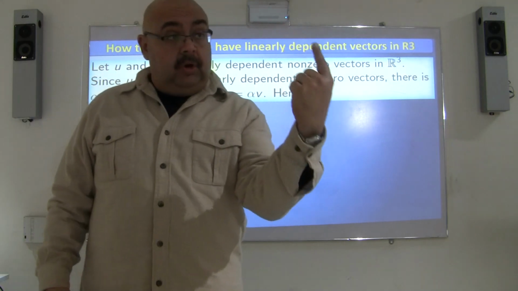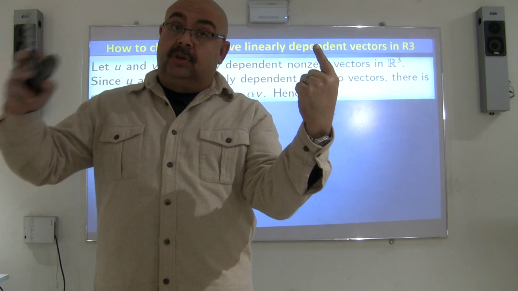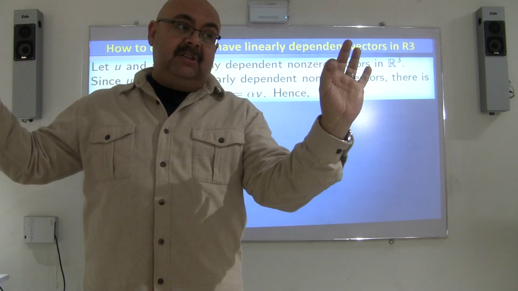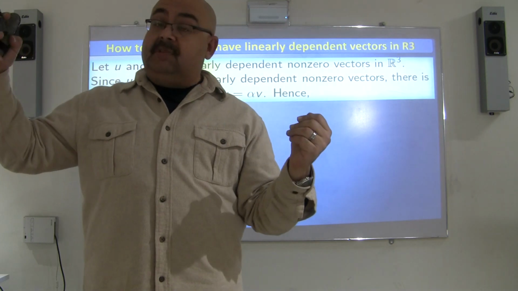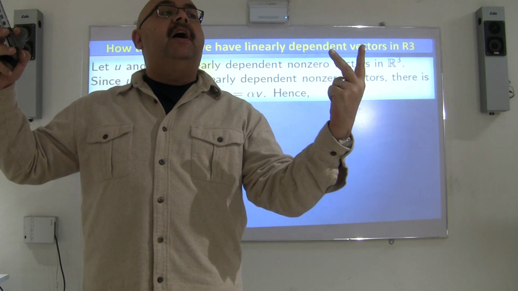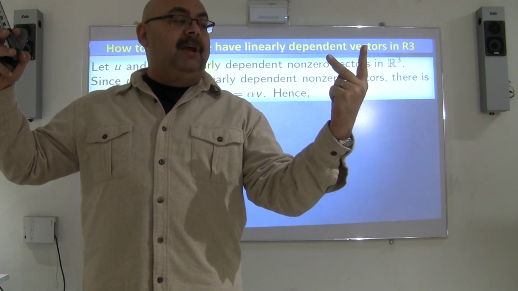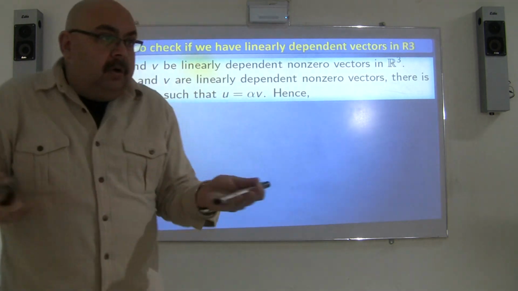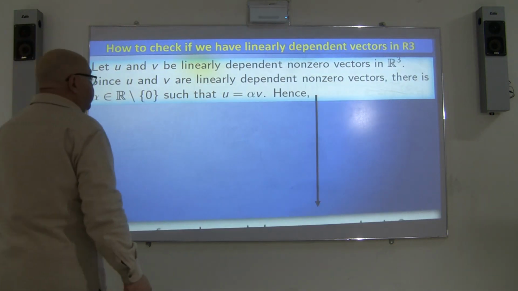If I have just one vector and this vector depends on it, I can generate this one by multiplying the elements in a constant. If this vector can be formed from two vectors, I will do the linear combination, multiplying the first vector in alpha 1 plus multiplying the second vector in alpha 2. So it makes sense. Okay?